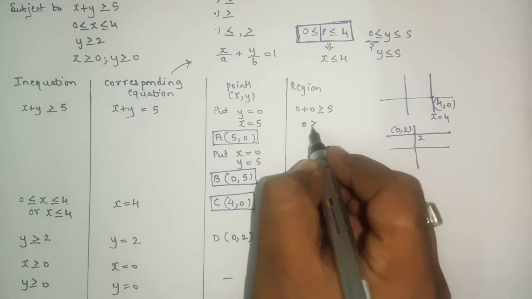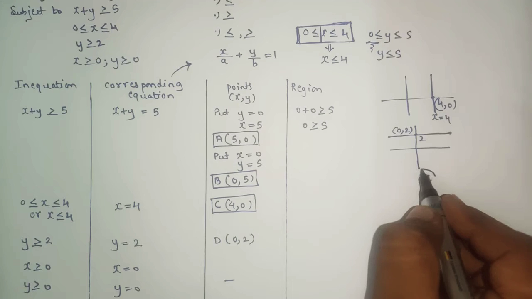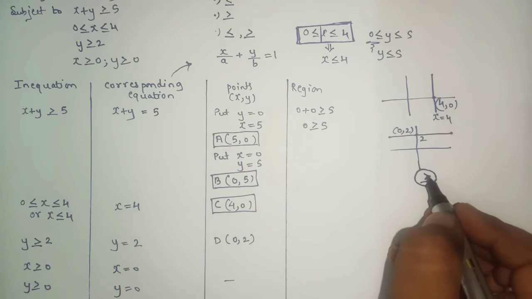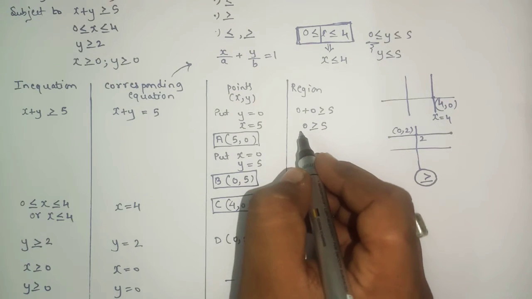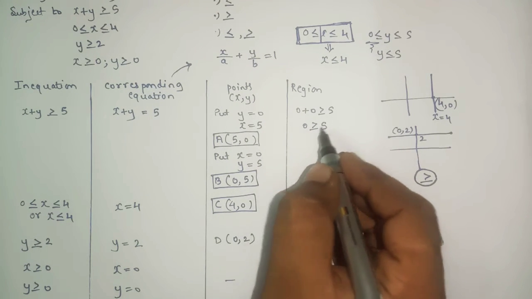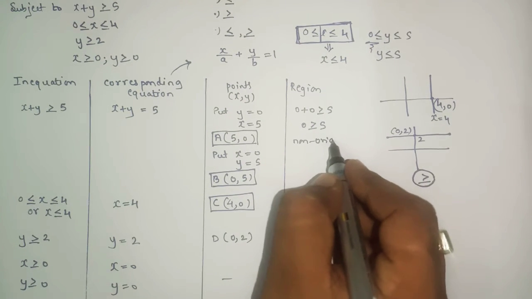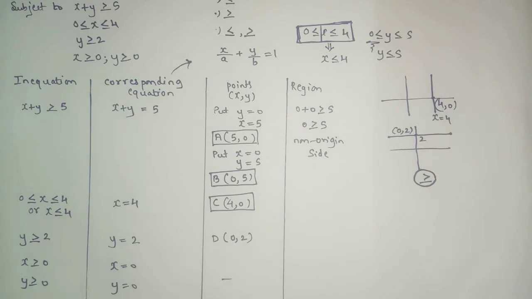So 0 is greater than equal to 5. As I told, out of these two conditions, any one condition should satisfy. Either it should be equal or it should be greater. Here clearly we can see that 0 is neither greater nor equal to 5. So straight away you will write what? Non-origin side. Yes or no?